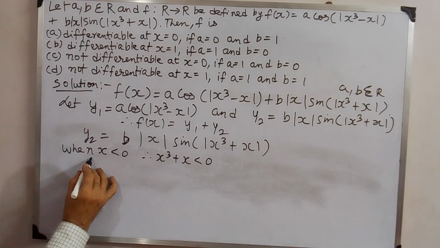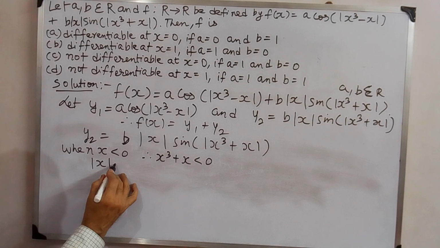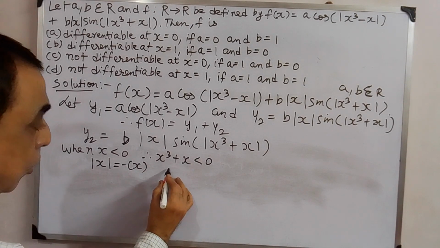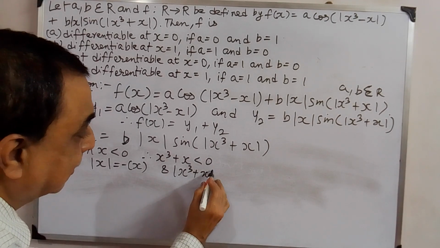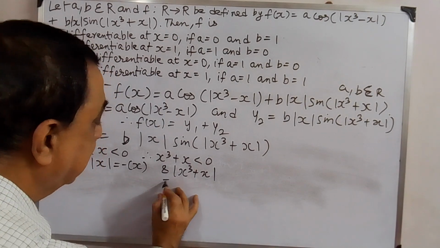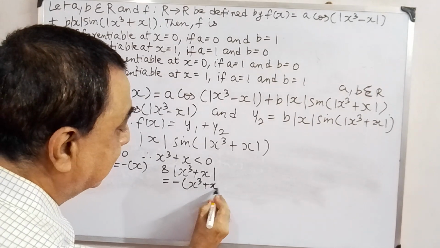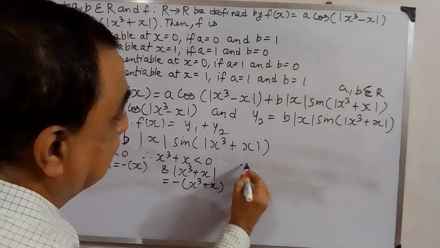So the modulus of x, when x is less than 0, will be equal to minus x, and the modulus of x cube plus x, which is also less than 0, will be minus of this number, x cube plus x.